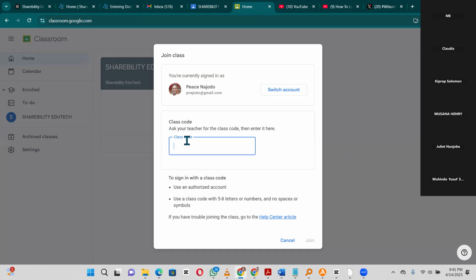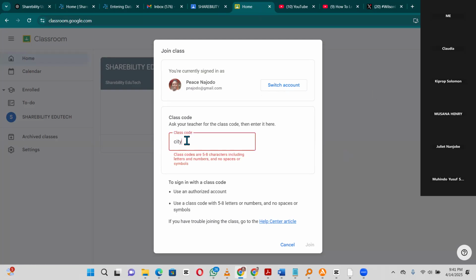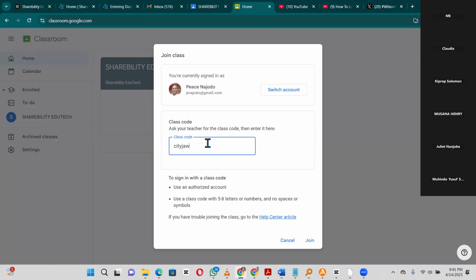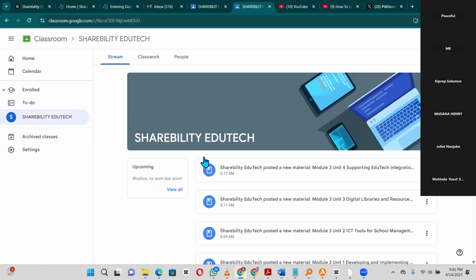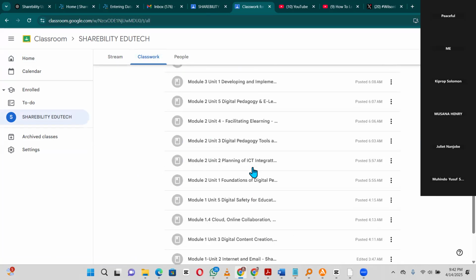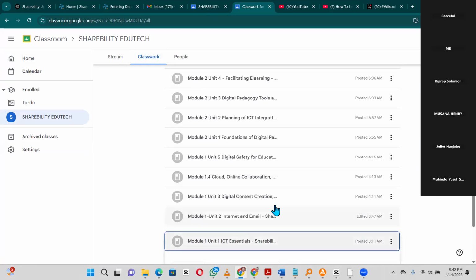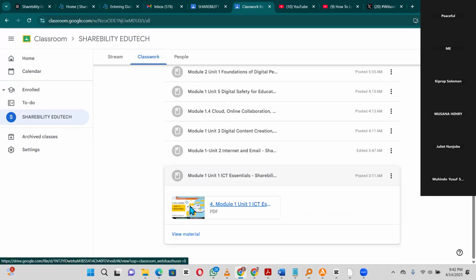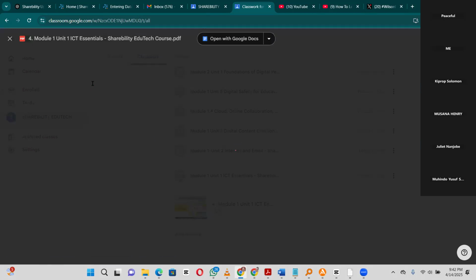The new class code that has been generated for us is CTJWG. You can even read it as CTJOG. When you put in that class code, you'll be able to join. When you click on Classwork, you'll be able to access everything and all the content that will be shared on this platform, and you'll be able to view and download as much as you want. Thank you so much.